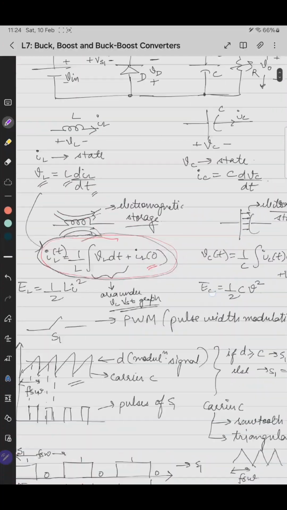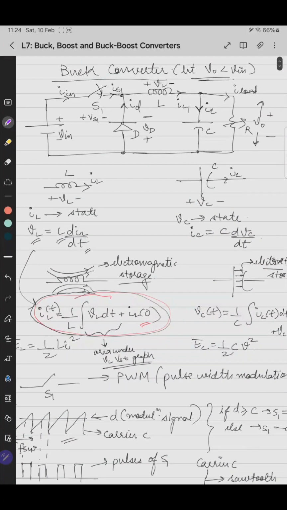How will be the current? If the switch is on, the diode will be reverse biased. So the current Is1 will equal the inductor current, and when the switch is off, the Is1 will be 0.